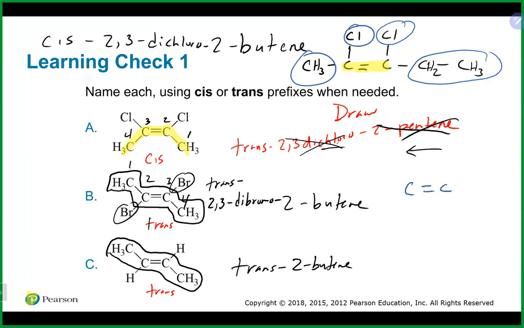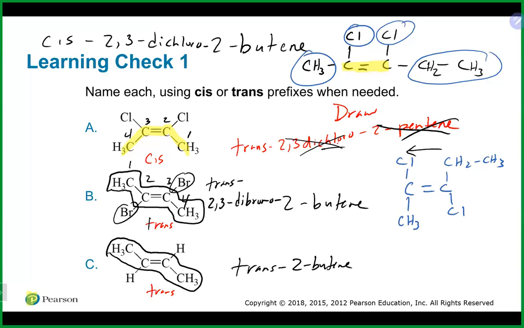And since we're looking for trans, I could just draw my chlorine down, my other chlorine up, for example. And I could do my other groups going this way and build out my trans drawing at the end. So sometimes it's easier just to draw it like normal, isolate the double bond, and then start with the double bond and put your groups in the right orientation for what is needed for cis or trans. And don't have extra hydrogens, apparently.